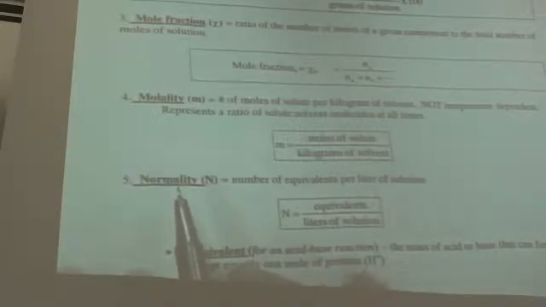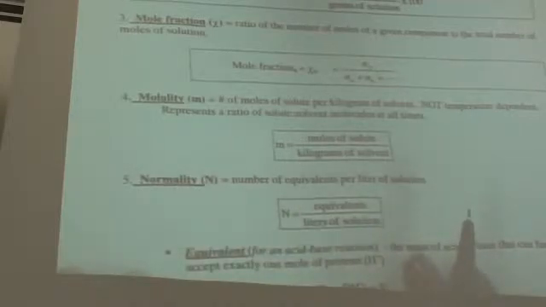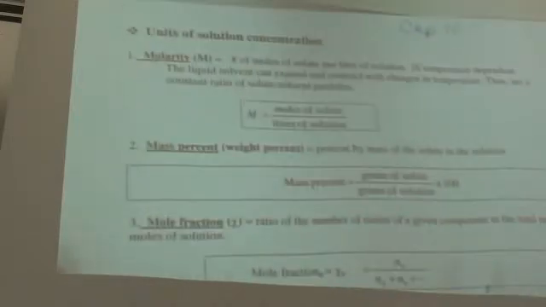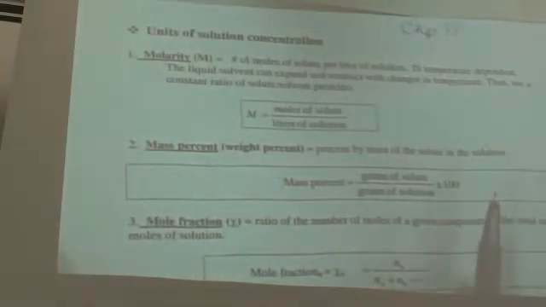Normality is kind of an archaic unit of concentration, but still acids and bases are still sold by the normality, and so when we get an acid or a base, people come to me like, I don't even know what this is, and I think to myself, good thing I'm old, because I do. But you have to know just one or two things about it.